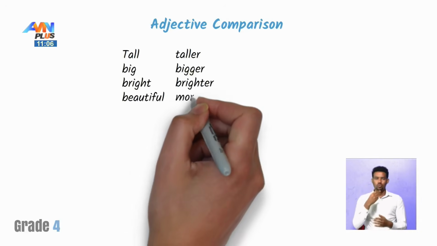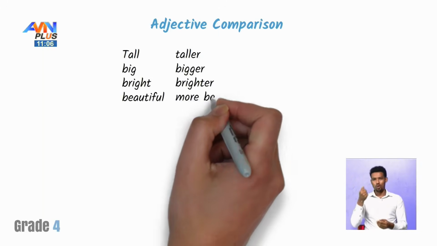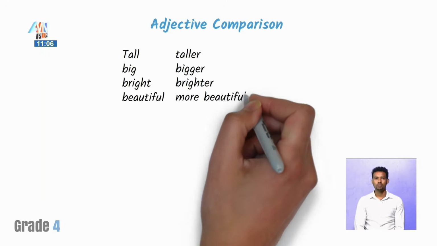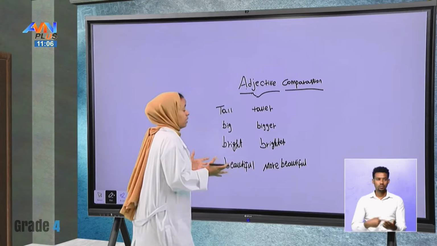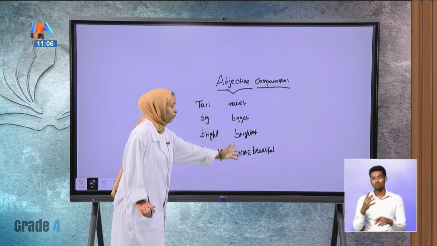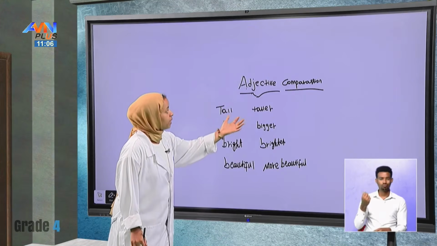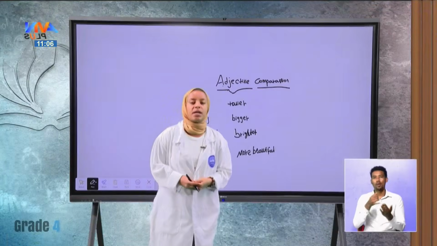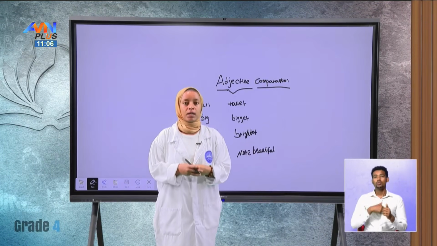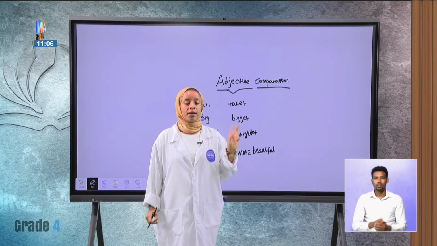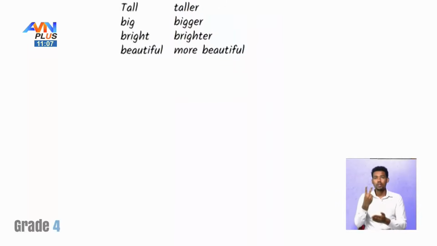We are going to say more beautiful. So this is a comparative adjective. Beautiful, more beautiful. These are examples of comparative adjectives. Comparative means comparing two things.